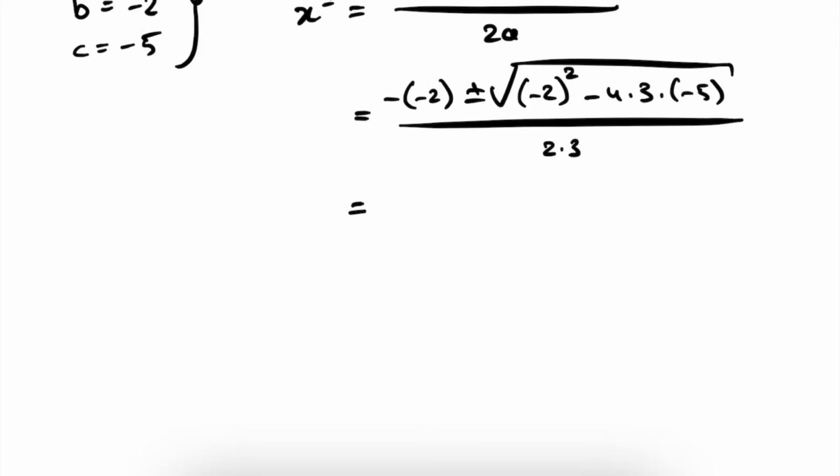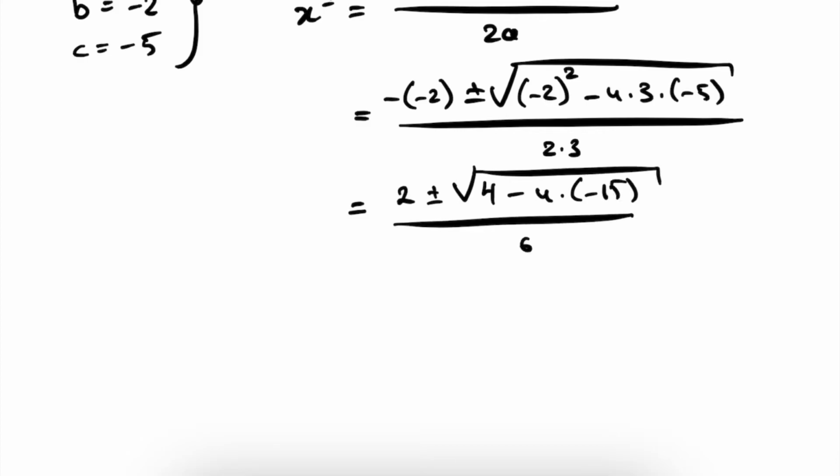This is equal to 2, because minus and minus becomes a plus, plus minus the square root of -2 squared, which is 4. Then this 3 times minus 5 is minus 15.